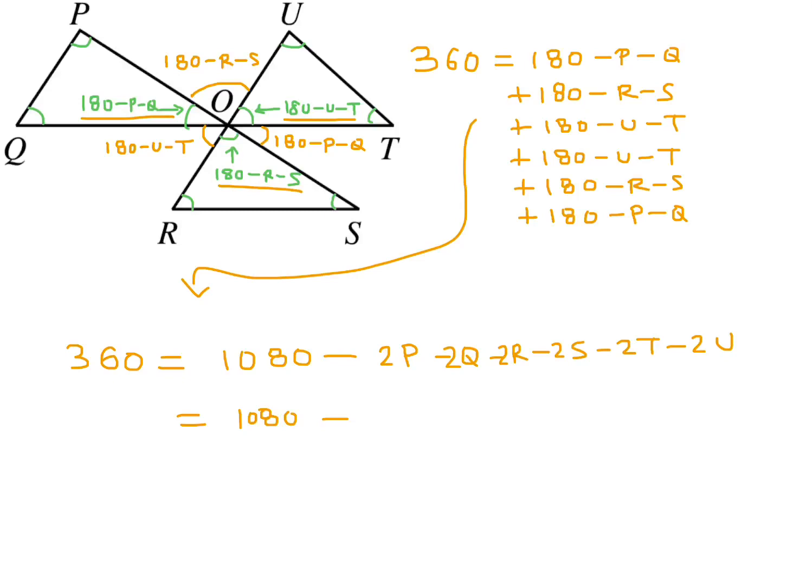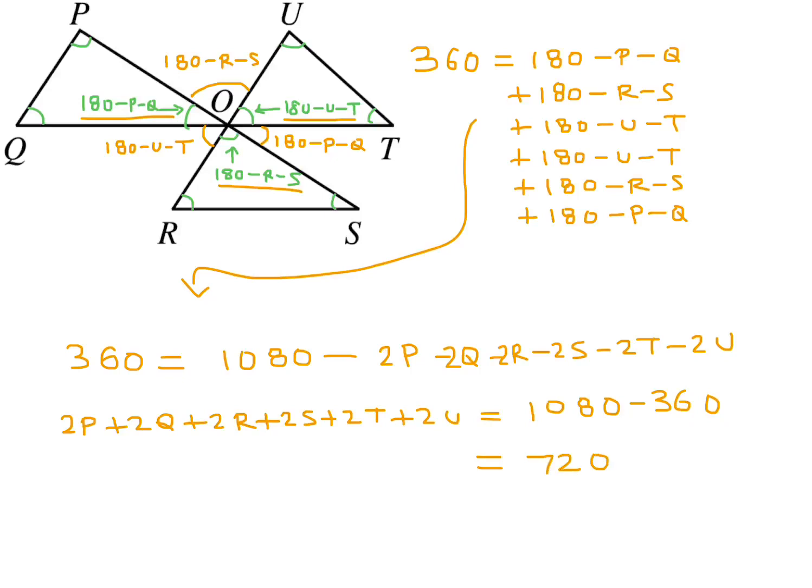So 1080, we can factor out the 2. Or what we can do, actually, better thing to do is put it on the other side. That way we can get rid of all the negatives. So we'll have 2P plus 2Q plus 2R plus 2S plus 2T plus 2U is equal to 1080 minus 360. So 1080 minus 360 is 720.